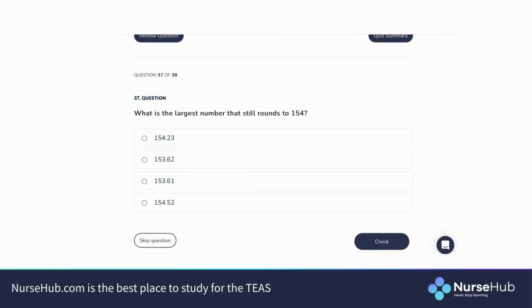What is the largest number that still rounds to 154? One thing to note about this is to make sure that you understand the ideas of rounding.